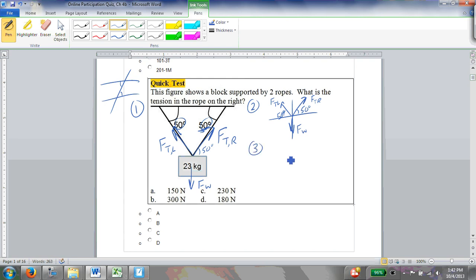In step three, I draw my vector diagram with my resolved vectors. Here I have FTR, that's force tension of the right rope, times sine of 50. FTL times sine of 50.